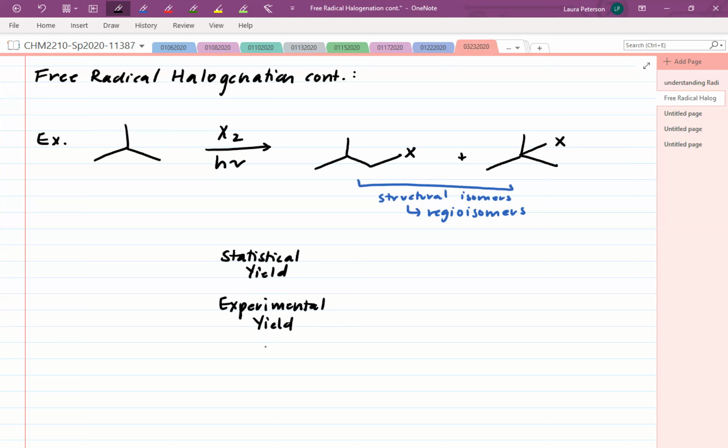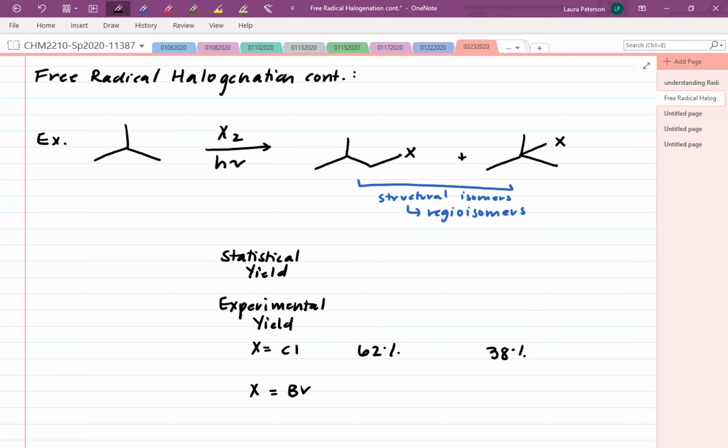We'll do that for X equals chlorine, and then X equals bromine. When X equals chlorine, we get 62% of the primary halide and 38% of the tertiary halide.